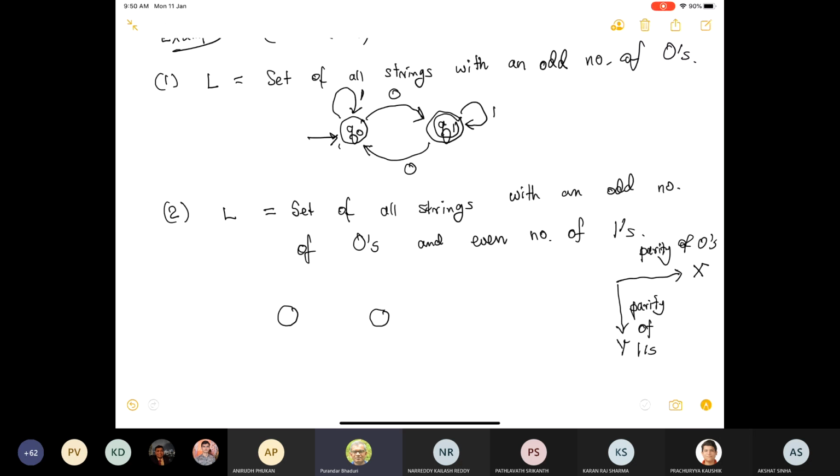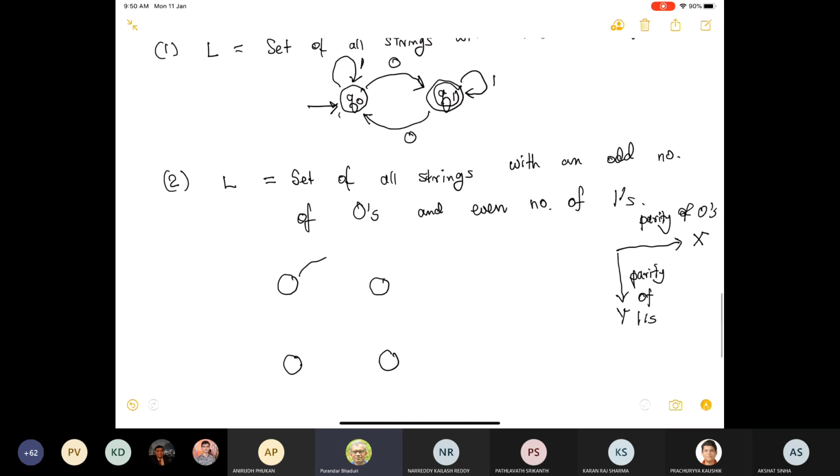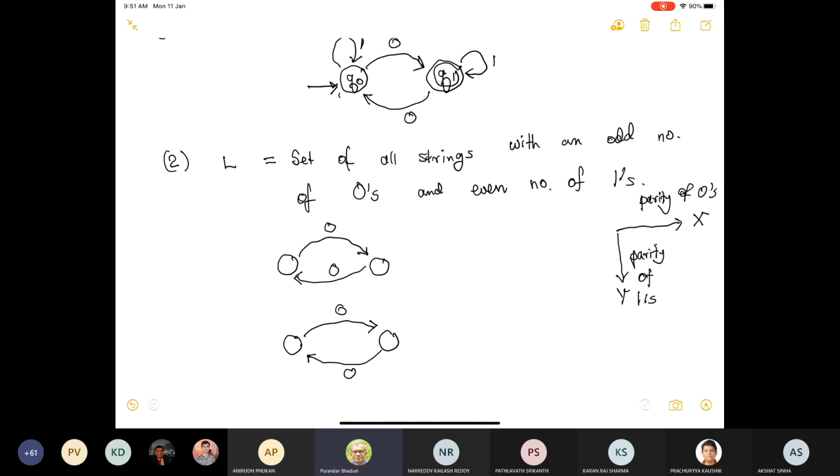So this is what the machine will look like. On zeros, the behavior will be the same as above, and same here. Okay, just as above. And then for zeros, we move left and right, and for ones, we move up and down.